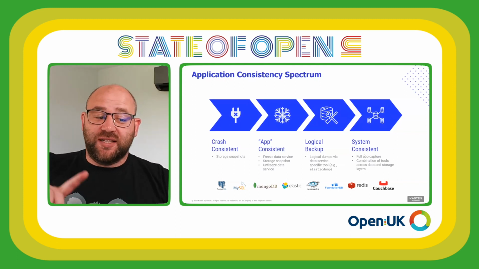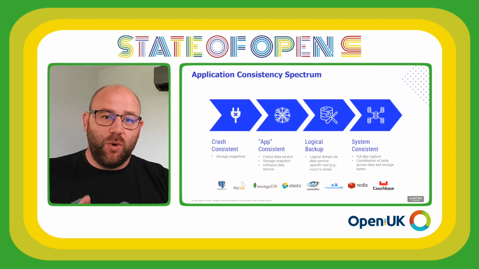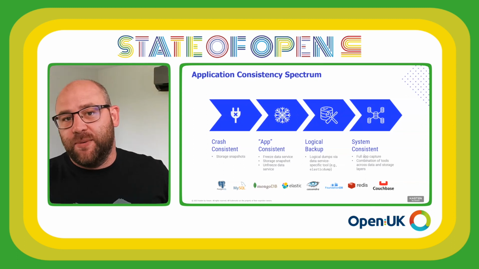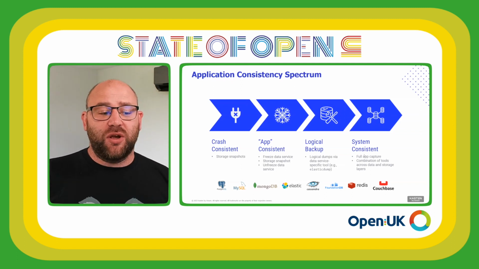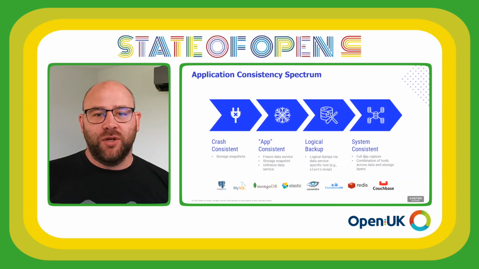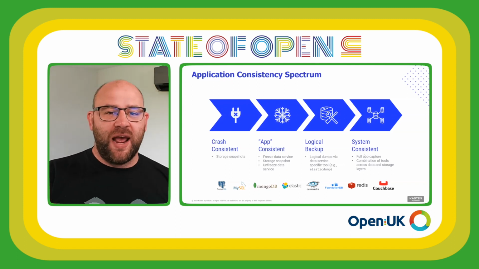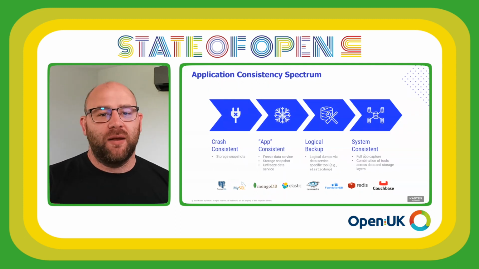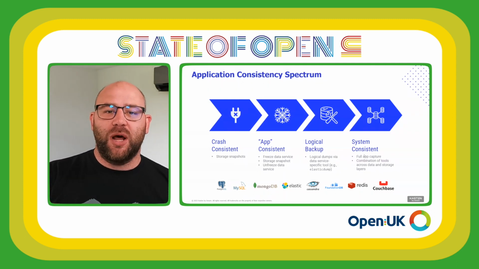And then when we look at system consistent, now when we look at the world of Kubernetes, system consistent is going to involve not just the container and the stateful set and the persistent volume claim, it's also going to be looking at all of the other artifacts that build up that application. So there might be a web front end, there might be secrets, there might be config maps, there might be a load of different artifacts that build up this whole application.